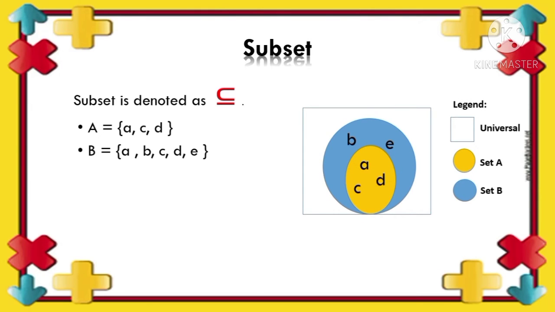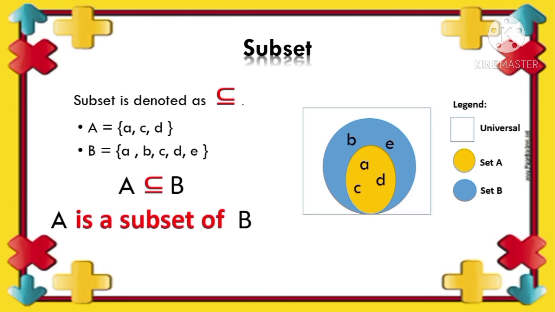When we say subset, all elements of, for example, A should also be elements of B. A has the elements A, C, and D, and we can also find A, C, and D in set B. Therefore, we can say that A is a subset of B.